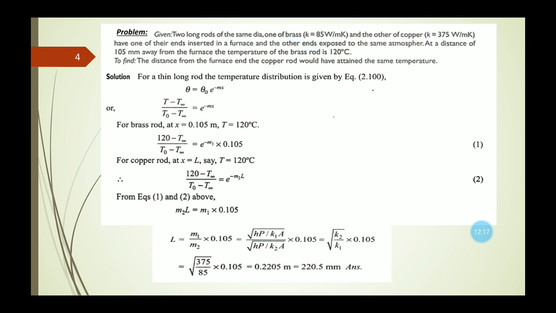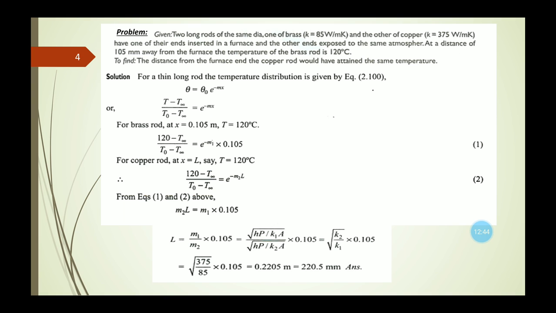Now for this brass rod at the distance x equals to 0.105 meter, the temperature is given as 120 degrees centigrade. Now if we put this value in the earlier equation, then we get this equation number 1. This equation number 1 is applicable for the brass rod when x equals to 0.105 meter and the temperature is 120 degrees centigrade.